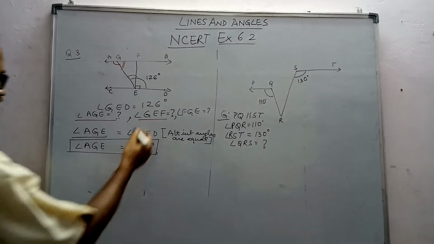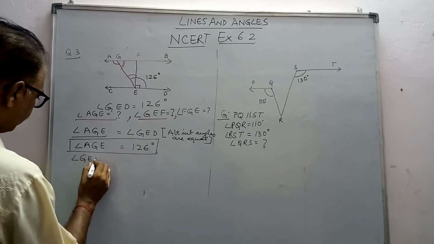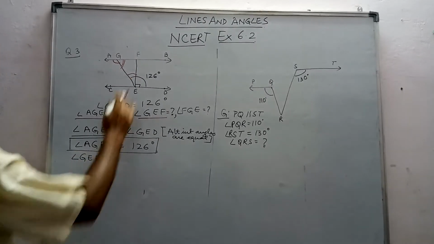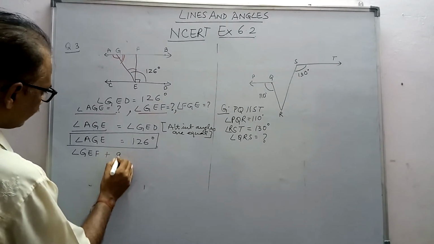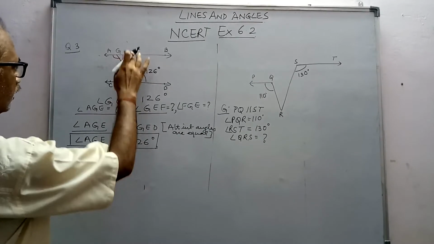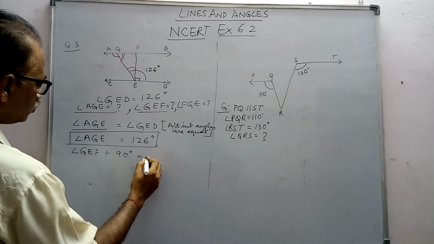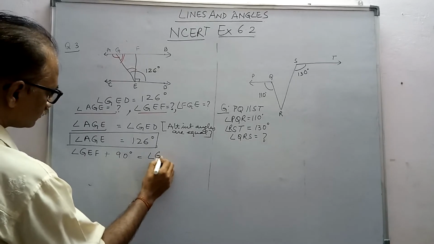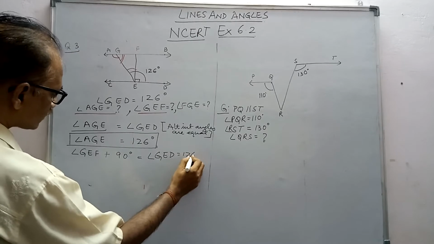Second is angle GEF. GEF is this angle, and this is 90. GEF plus 90 degrees is equal to angle GED, and that is 126 degrees.